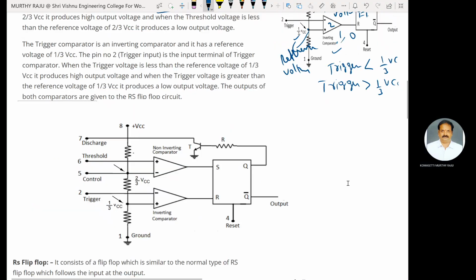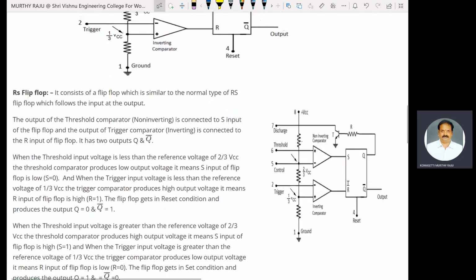Coming to the next one, the RS flip-flop. The description of the two comparators, non-inverting and inverting, is completed. The RS flip-flop is similar to a normal RS flip-flop, which follows the input and output.